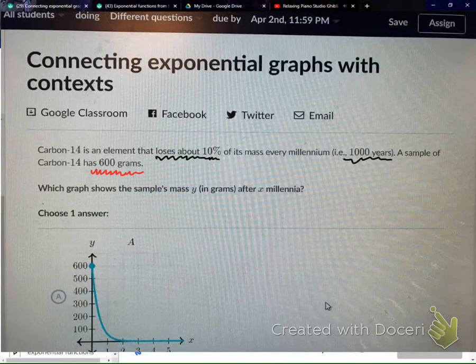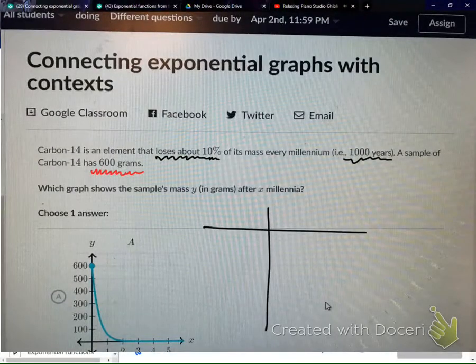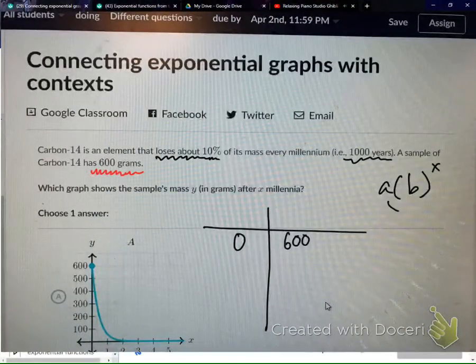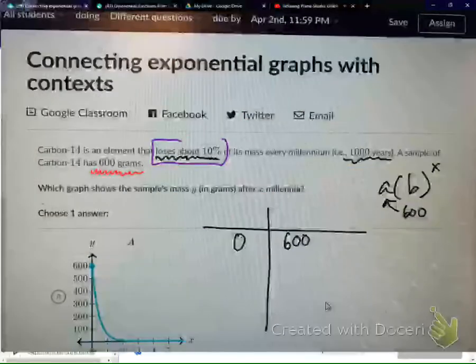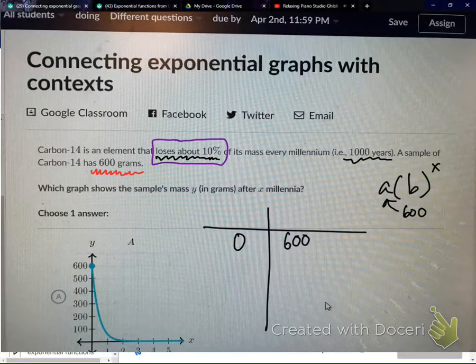So before I start to pick out an answer, I've got a starting value of 600 grams. In terms of writing out that a times b to the x, I know that my starting value again is 600. And really what I'm after, to be able to see this graph correctly, is what number I get to use for b, and the key to that here is that it loses about 10%.